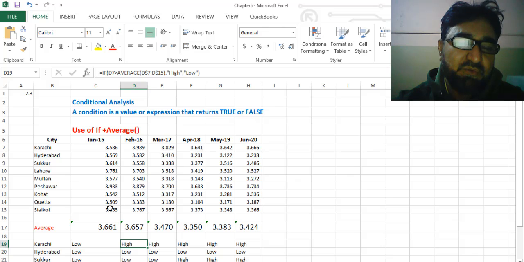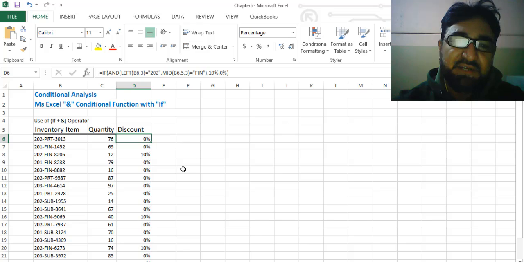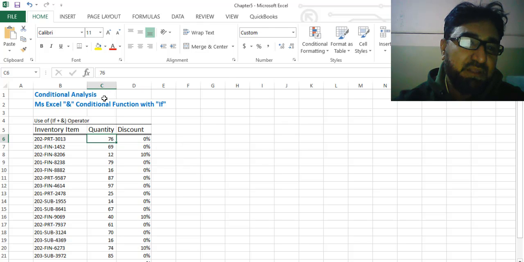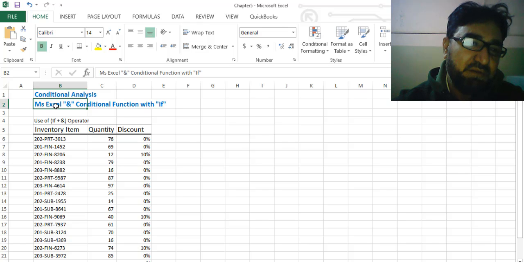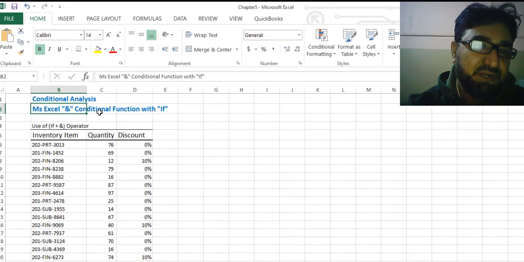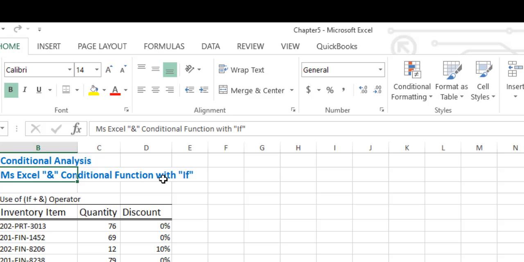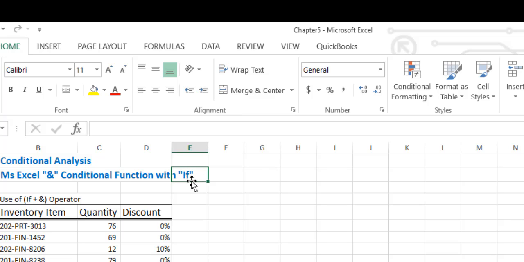to another sheet, we will be facing a different situation. In this we are also focusing on conditional analysis, and we will use the ampersand function, conditional function, with the IF function, which is the big conditional function.